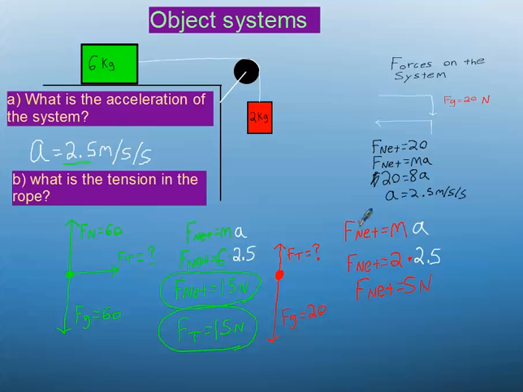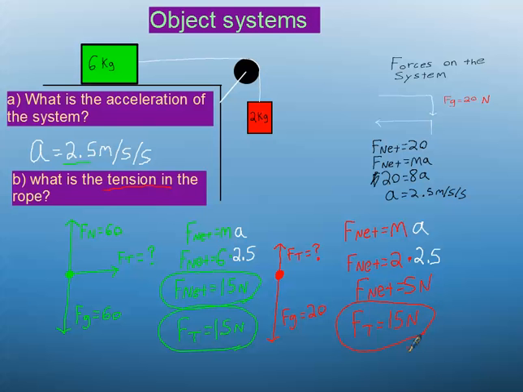When I work it out for the red block, I end up with a net force of 5 newtons. Wait, that's not 15. Oh, but it wasn't asking about the net force. It was asking about the force of tension. So check it out. If the force of gravity is 20 and the net force is 5, then the force of tension is 15 newtons. And we get the same thing for each of them.